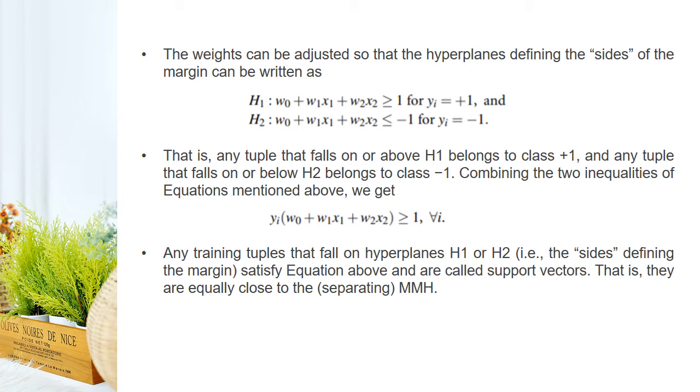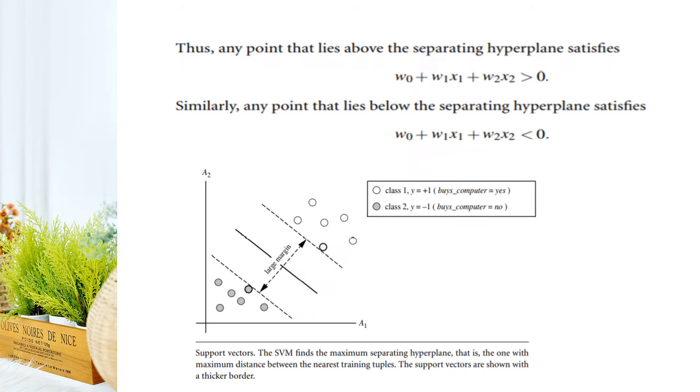The training tuples closest to the hyperplane can be referred to as support vectors. That is, they are equally close to the separating maximum marginal hyperplane, that is the MMH. So those tuples are referred to as support vectors.